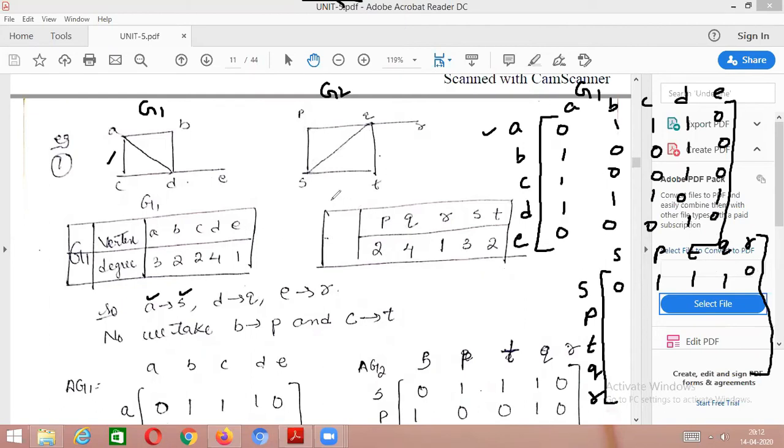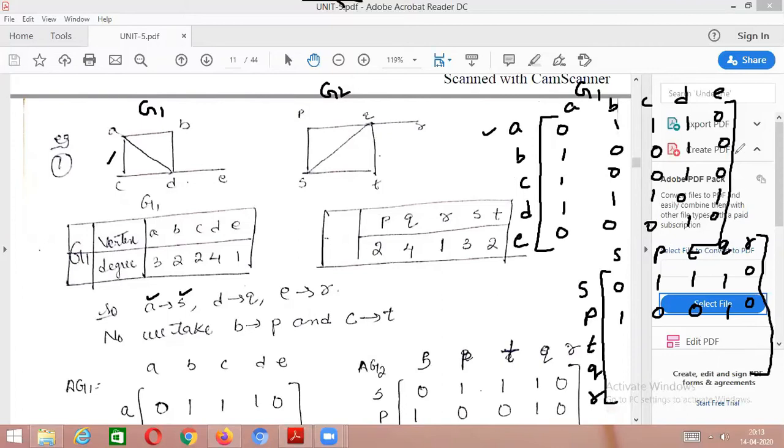Next P. P to S, 1. Next, P to P, is there an edge? No, 0. P to T, is there an edge? No, 0. Next, P to Q, is there an edge? Yes, 1. Next, P to R, is there an edge? No, 0.